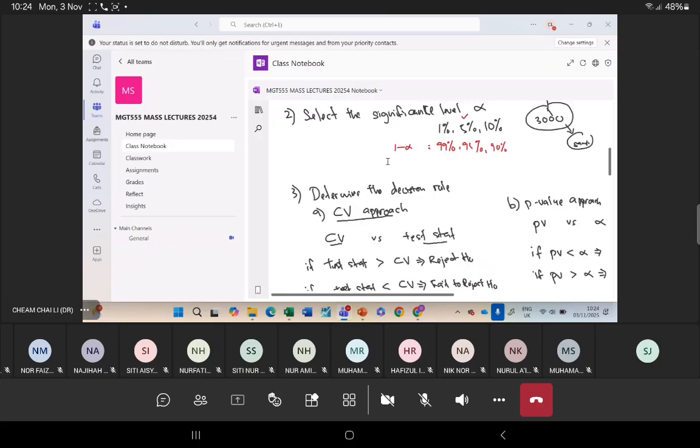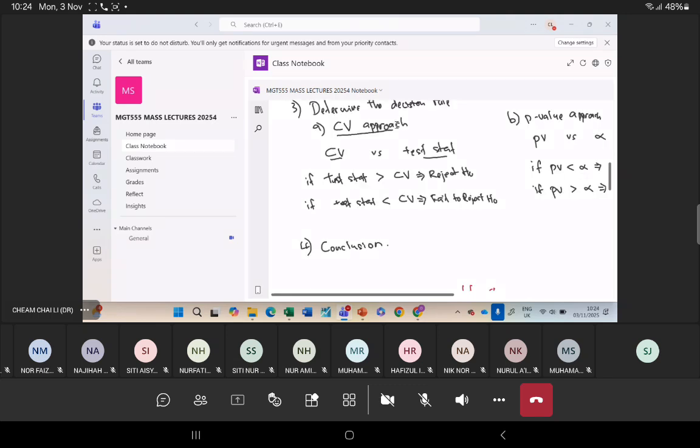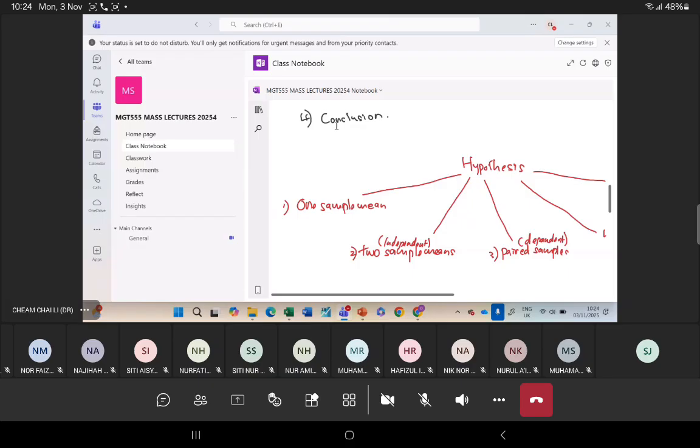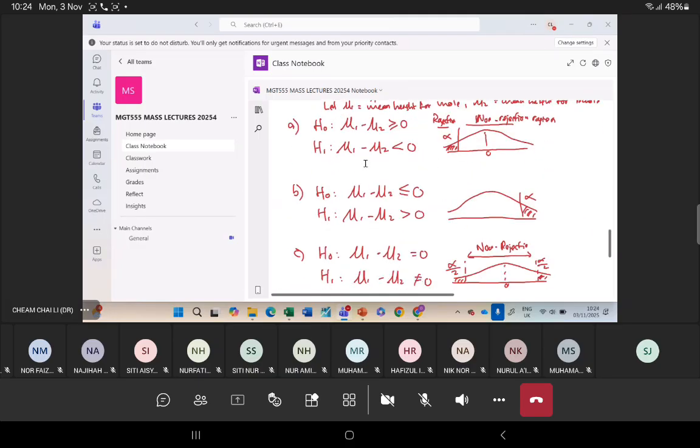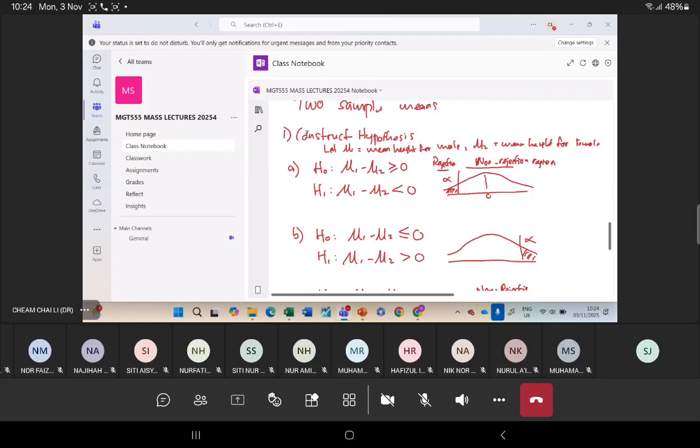Step 2 is you need to select the significance level, and then step 3 is to make a decision. You can use either the critical value approach or the p-value approach, and lastly you draw a conclusion. So you need step 1, right?